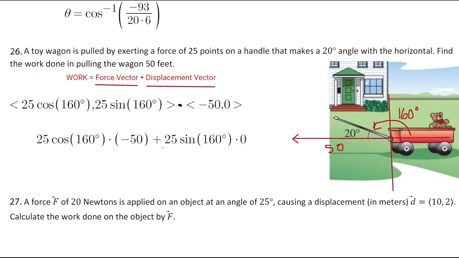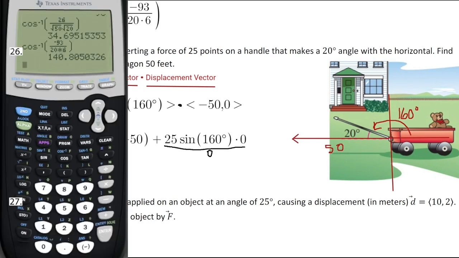So this right here is just going to be 0, and we don't really need to worry about that. Let's just go ahead and type in this left-hand part first. Now, 160 is not an angle measure on the unit circle, so you're not expected to report back an exact value for that. We're definitely going to round. So let's go ahead and type that in here.